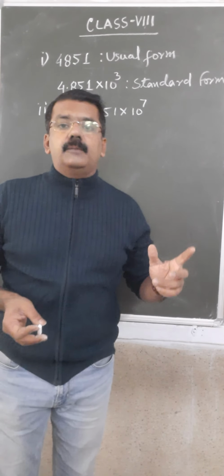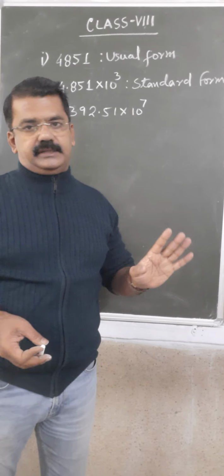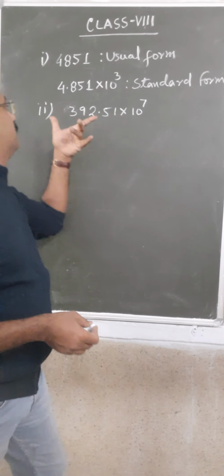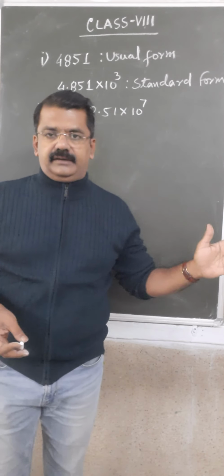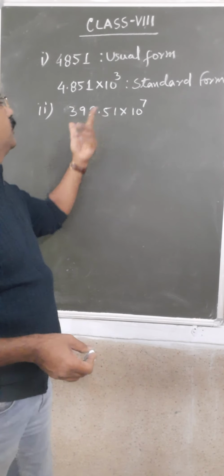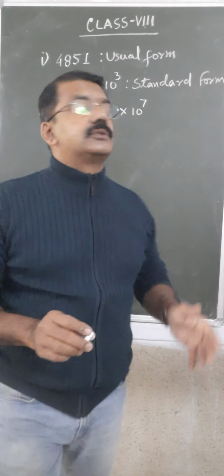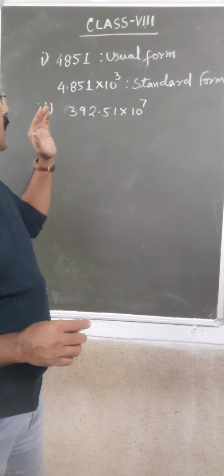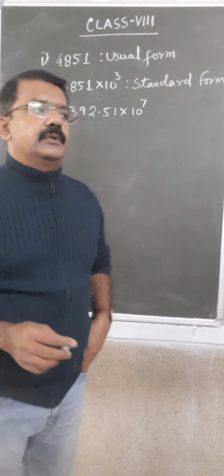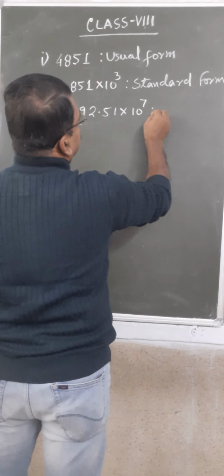Because I told you, in standard form there will be a power of 10 with a digit, that is there, okay. But this number should be between 1 and 10. But here it is 392.51, which is not between 1 and 10. So this number is not in the standard form, which means it is in the usual form.